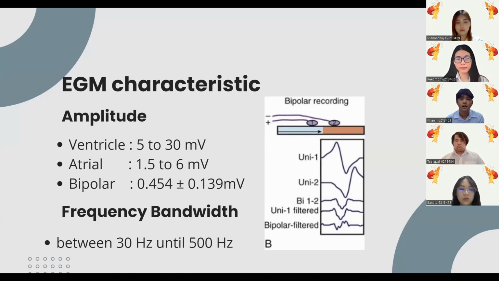The most important is the amplitude of the bipolar EGM, which is observed by the doctor to identify the heart condition and used for our impedance and magnetic localized imaging. The amplitude of the bipolar EGM is in the range of 0.315 to 0.593 mV, and the frequency bandwidth of the EGM is between 30 and 500 Hz.